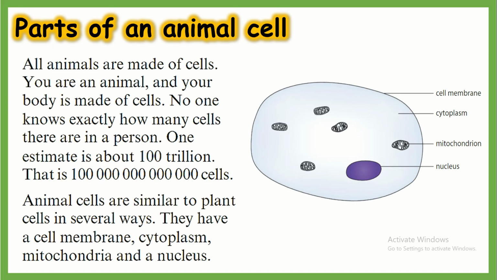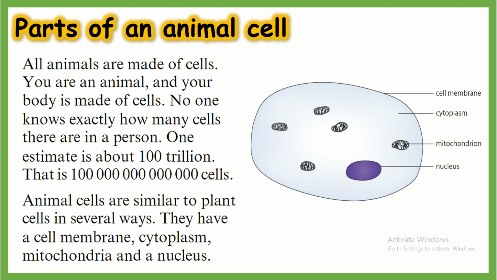Now parts of animal cell. Students, all the animals including human being, remember that human being is also called an animal. So all the animals are made up of cells. Now how many cells are there in one animal?